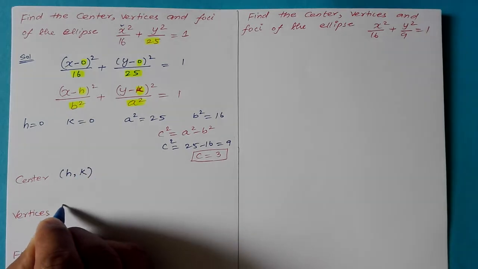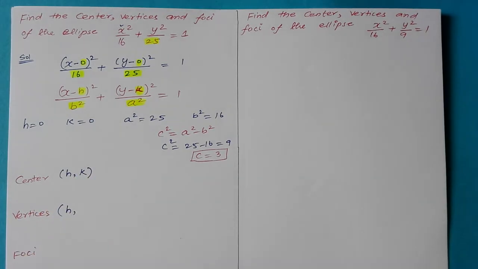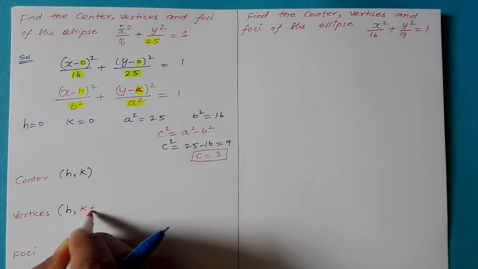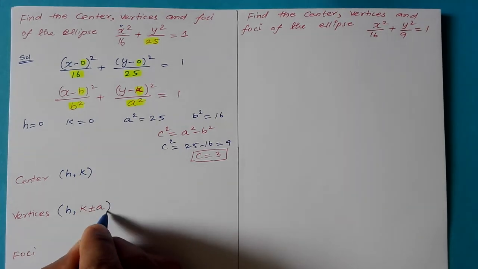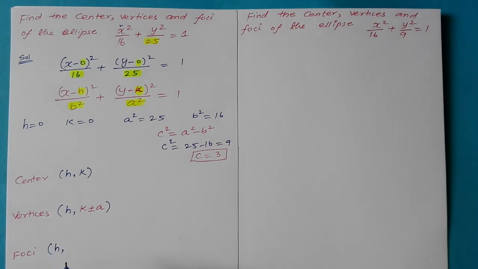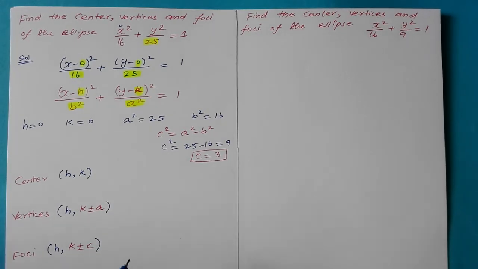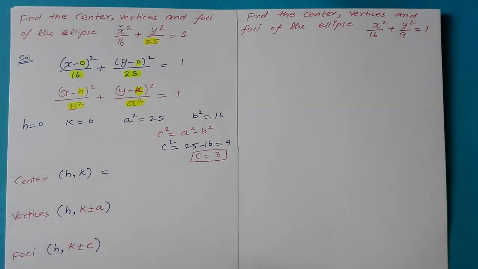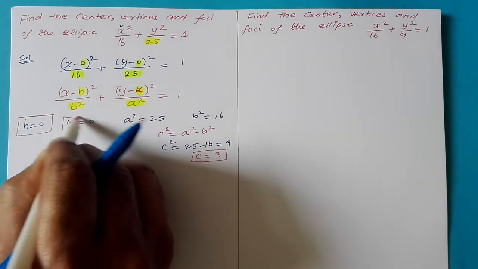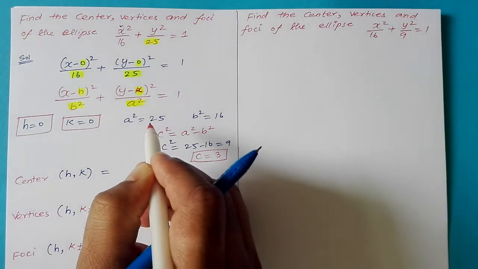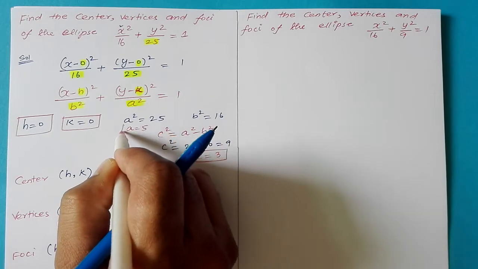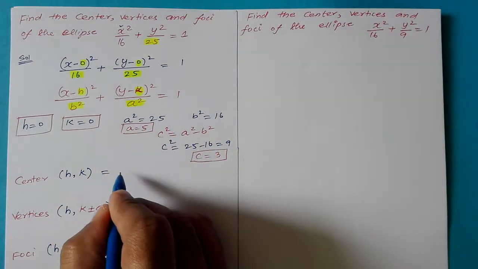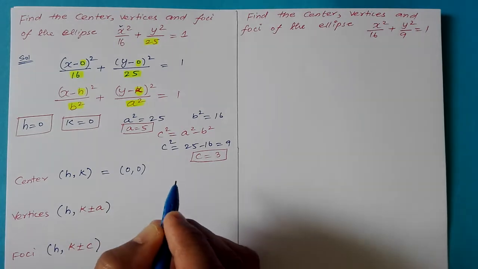The vertices are h comma k plus or minus a, and the foci are h comma k plus or minus c. Now just substitute the values. H is 0, k is 0, and a is 5. So the center is 0 comma 0.